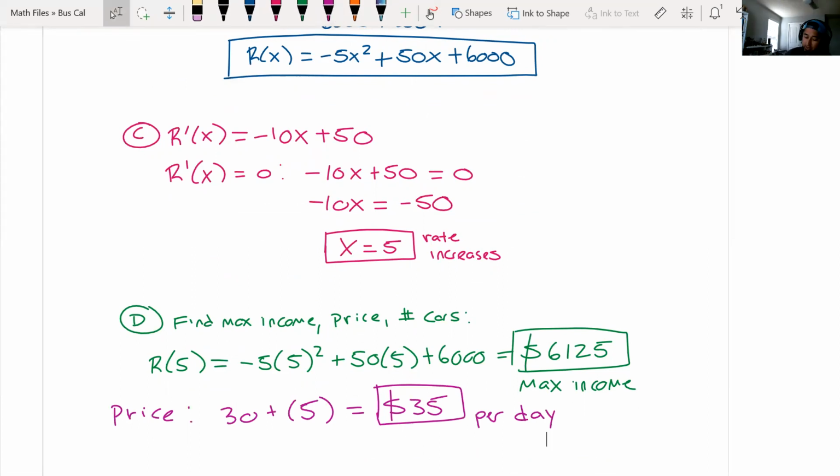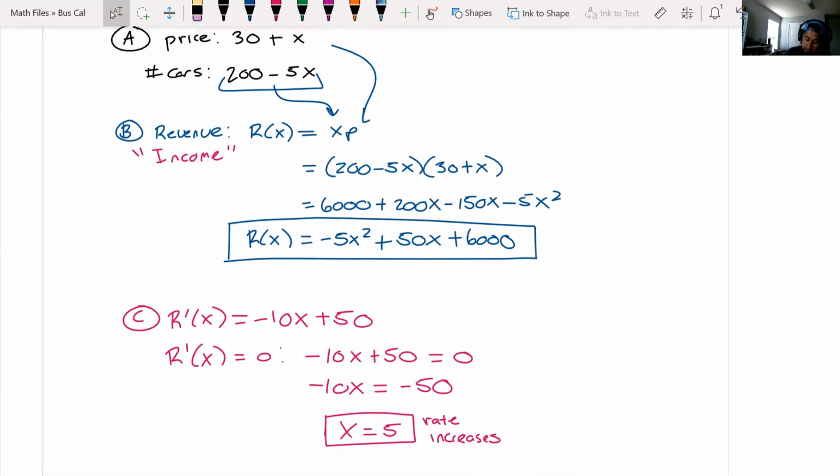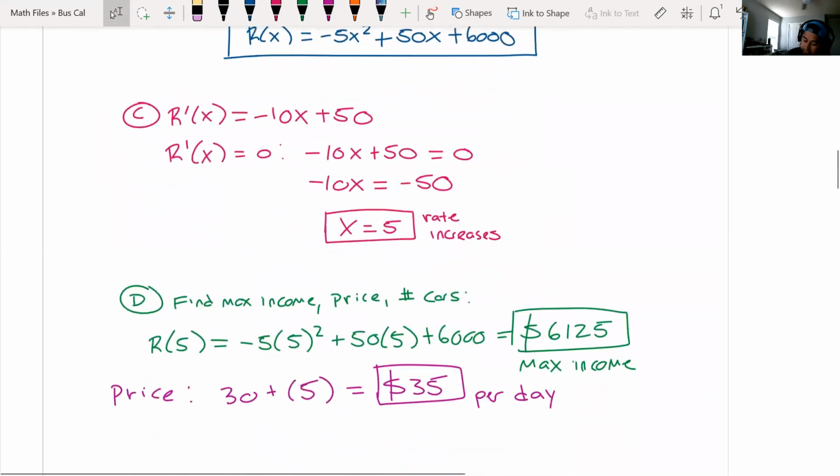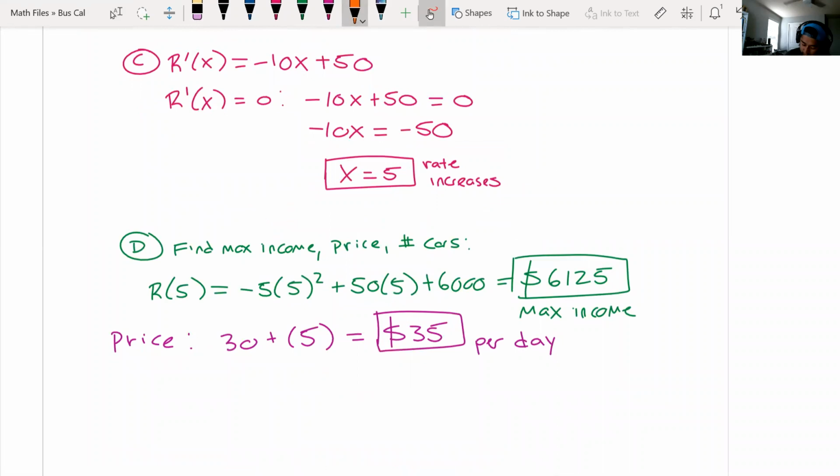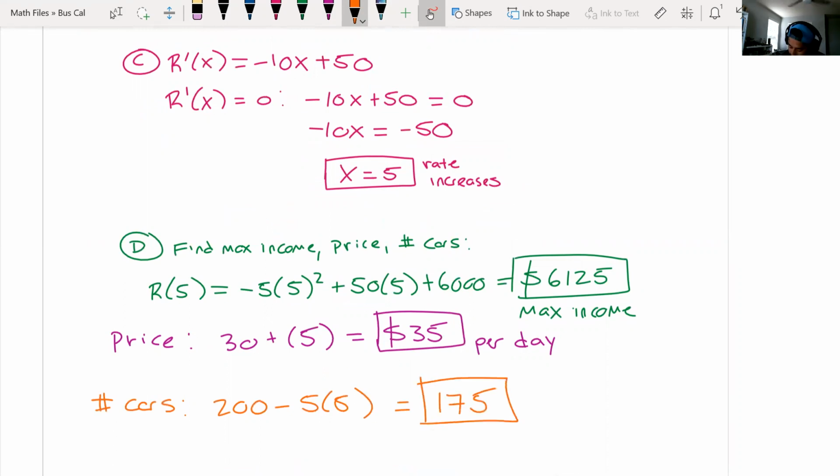And then if we do 5 rate increases, this means the number of cars that will be rented is 200 minus 5X. So 200 minus 25 is going to be 175 cars.